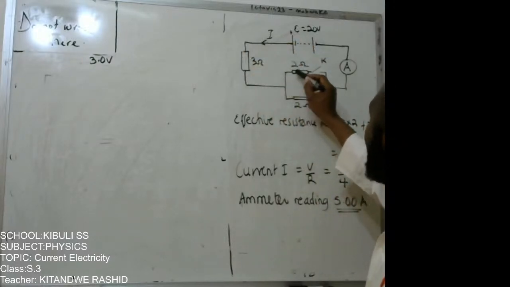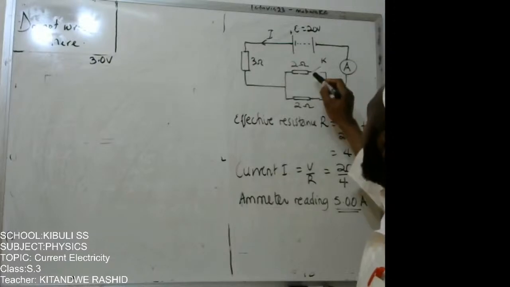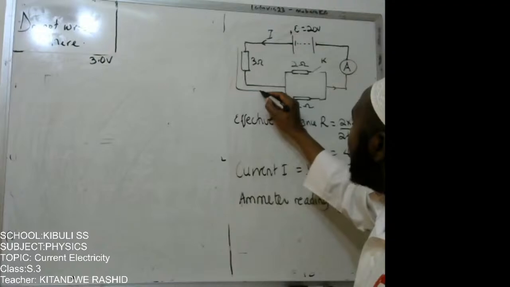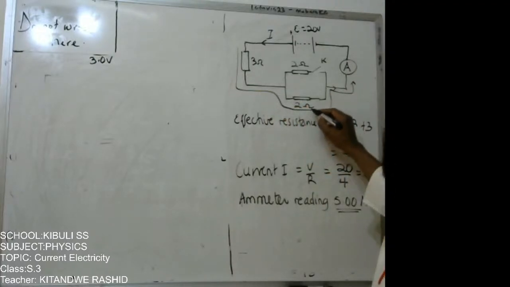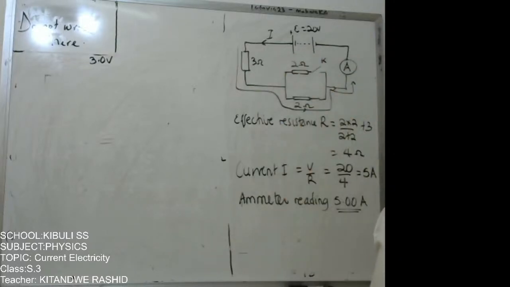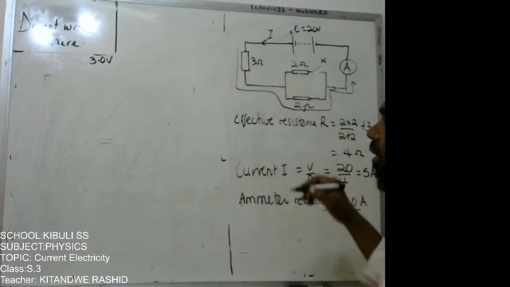It will not flow through the upper resistor because there is no continuous path for current. So it is going to flow in this direction, lower direction, and then continues bypassing the 2 ohm resistor. So that means that the lower 2 ohm resistor is going to be in series with the 3.